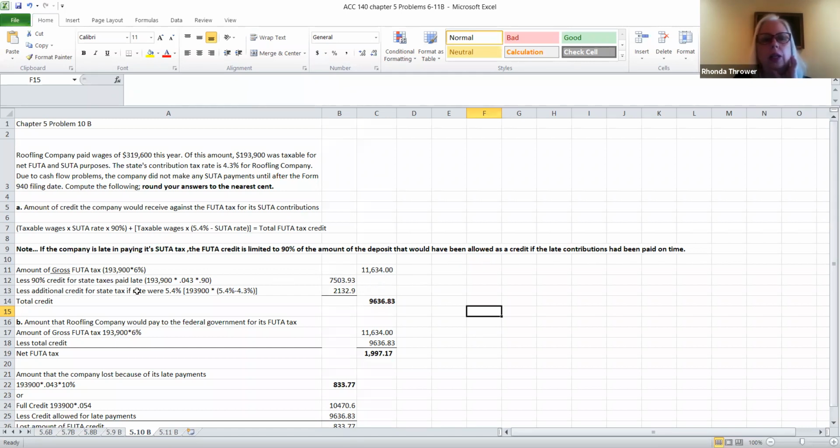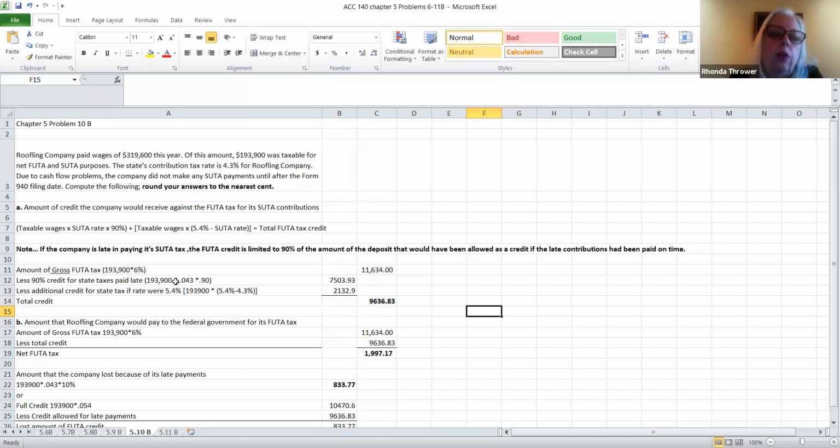Now, this company is subject to some of the credit, but not all of it, because they paid state taxes late. So what we've got to do is we're going to subtract out 90% credit for the state taxes that were paid late.